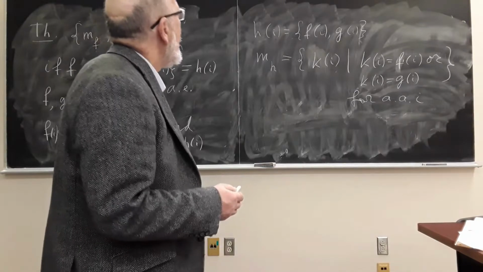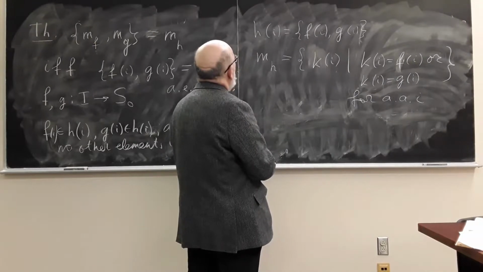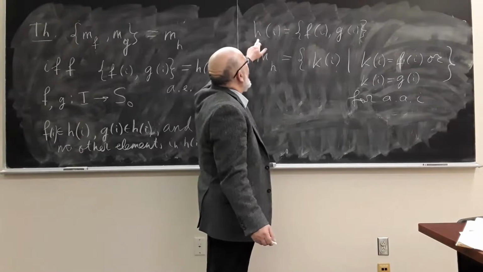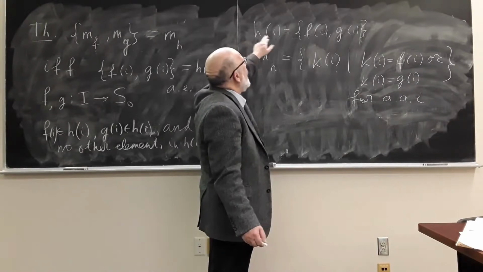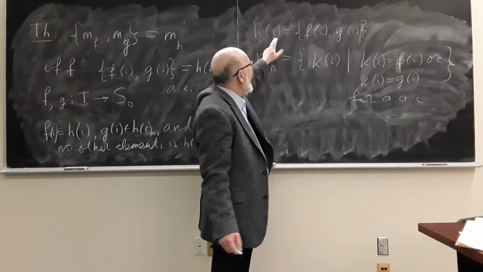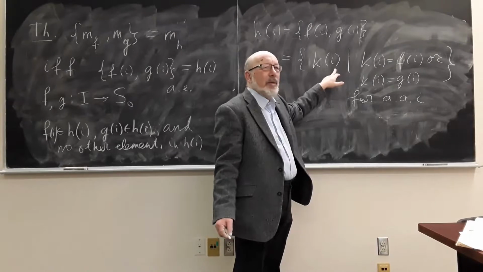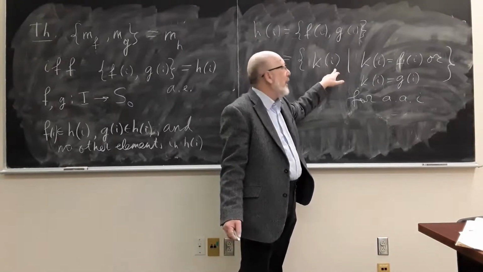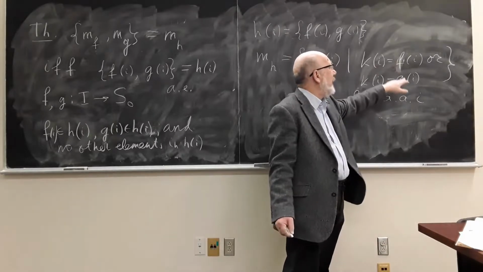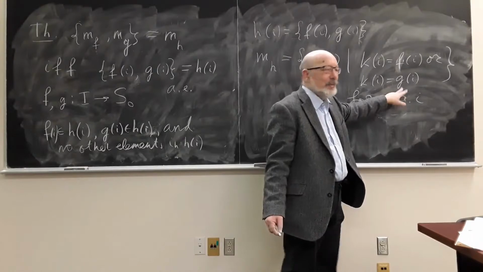Like the sets of MK such that K of I, if... No, this function, just a moment. H(i) is a function with values in sets. K(i) here is a function with values of elements. So every value at every i is either f(i) or g(i). So they are different things.